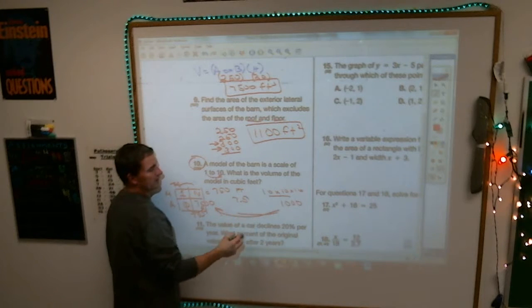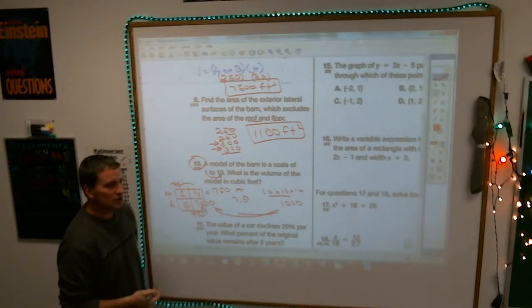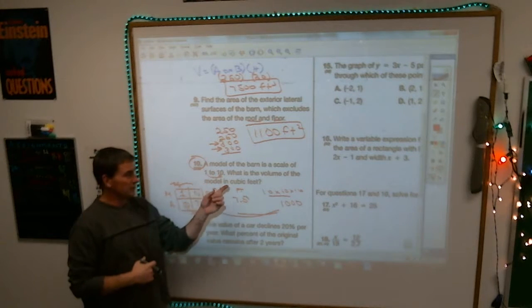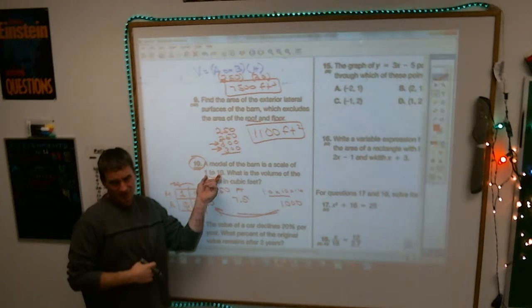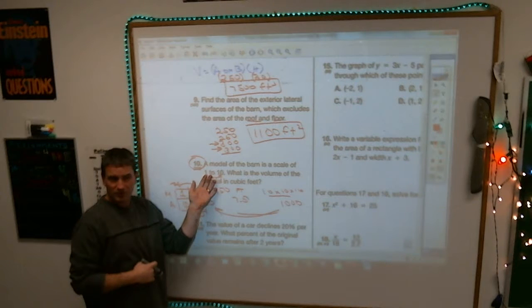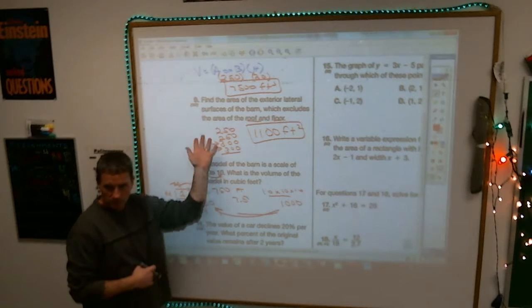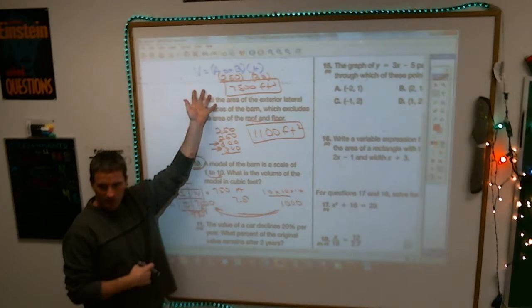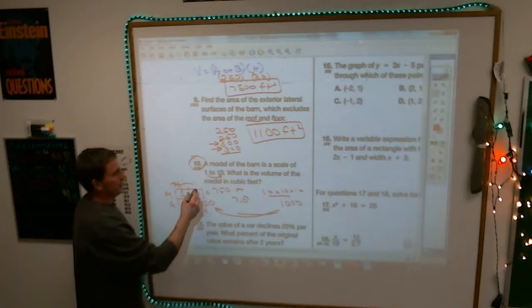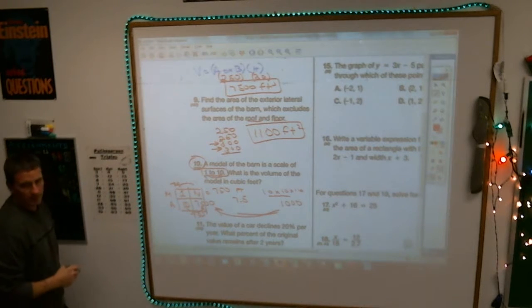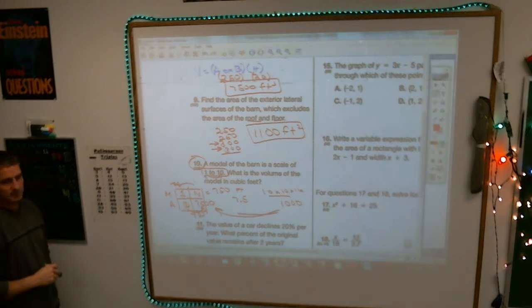It is 7.5. So again, people, you could just write a note to yourself on problem number 10, it's probably going to be volume again. Just cube whatever the scale factor is and divide it into whatever the volume was. So if you got volume wrong, you pretty much got all these wrong, didn't you? There's no way to get it right if you don't get it right there. Scale factor 1 to 10. How many people got that right off the bat? Did we get number 10 right?